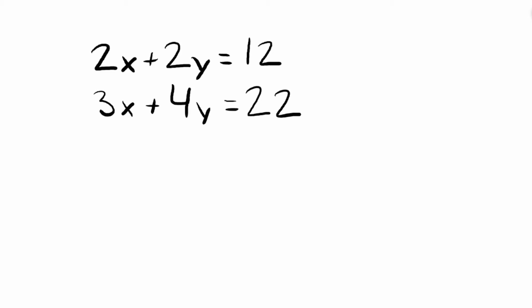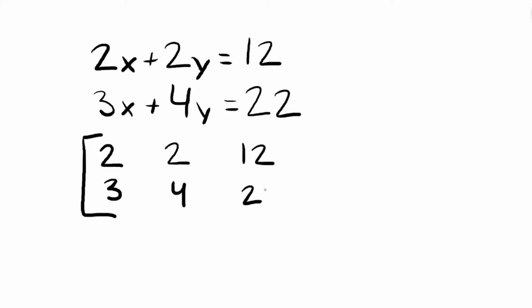So, let's start with just one matrix. How would this look? So, first off, the first row, we have 2, 2, 12. We don't need to put in x and y, because that is self-explanatory in a matrix. And then we put in the second row, so we have 3, 4, and 22.